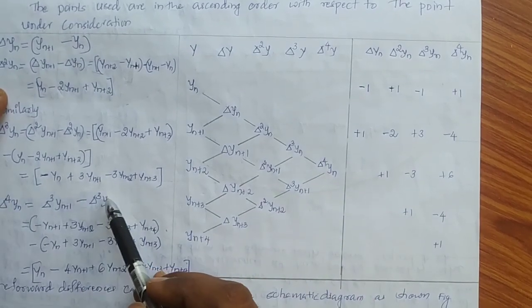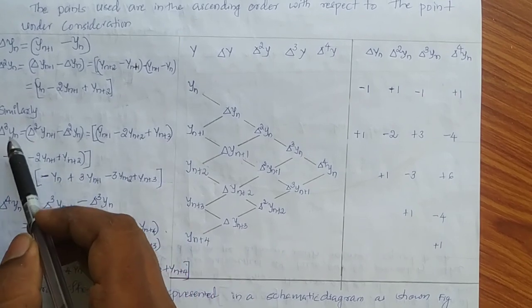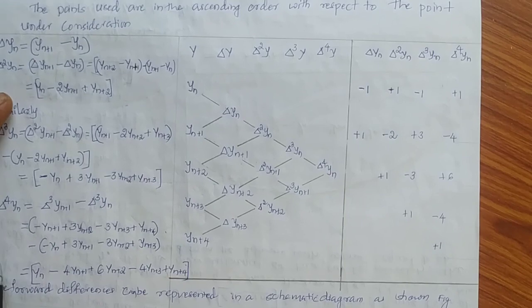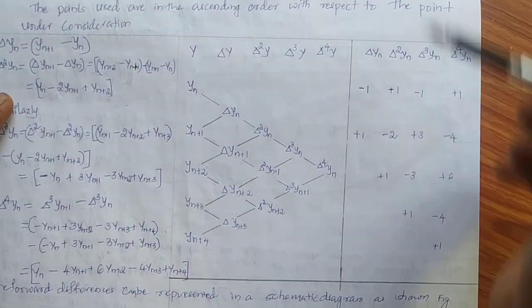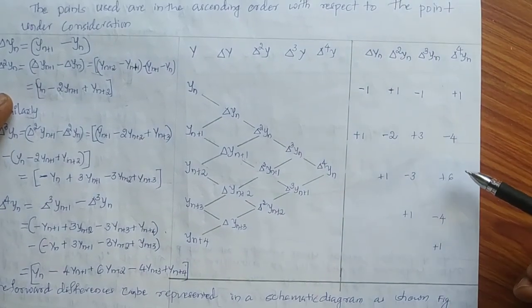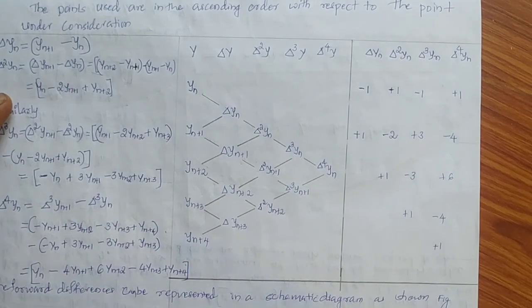That's how we will get delta cube yn. Similarly you can consider delta to the power 4 yn as well. The same table which was used earlier, you can use here and calculate.